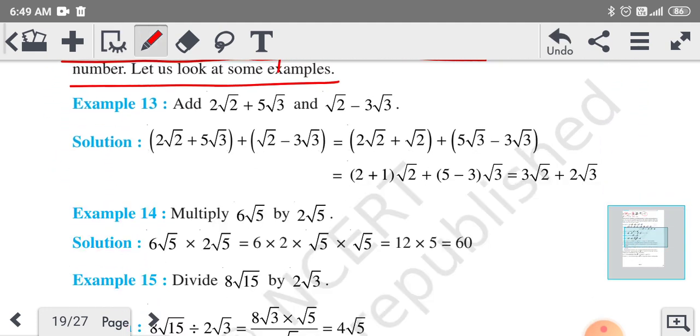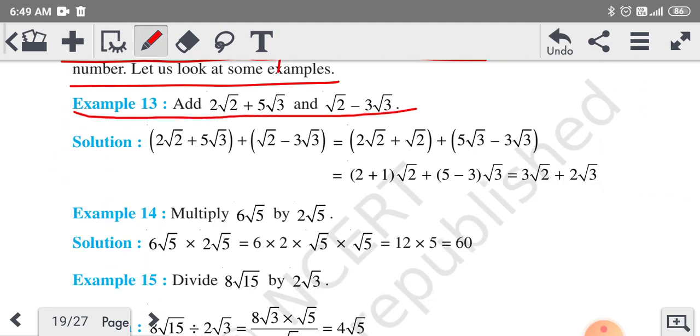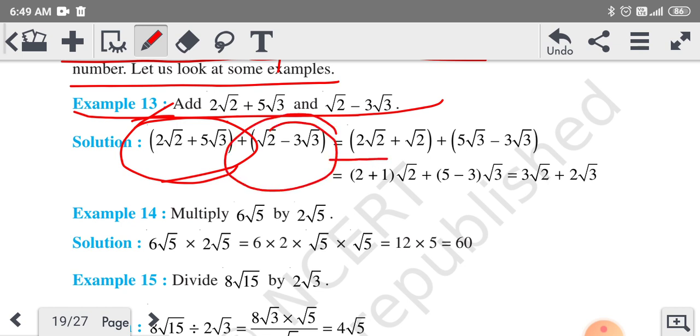So example 13: add 2√2 plus 5√3 and √2 minus 3√3. Solution: we add, so this is 2 plus √2 plus √2 plus 5 for this, and this comes out to be 2 plus 1√2 and 5 minus 3√3.